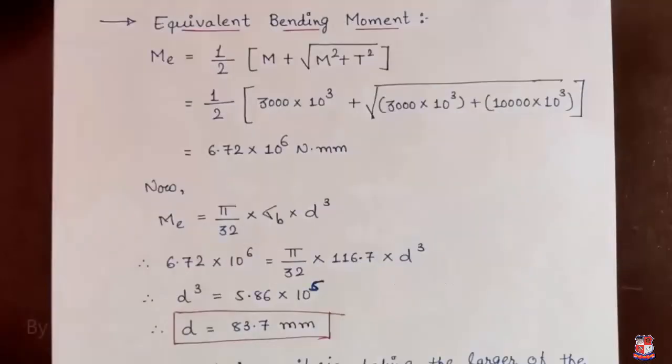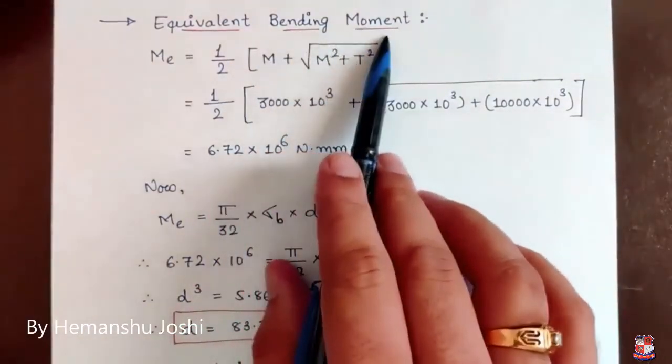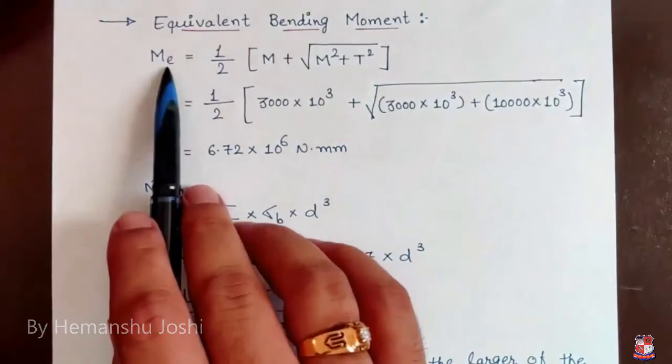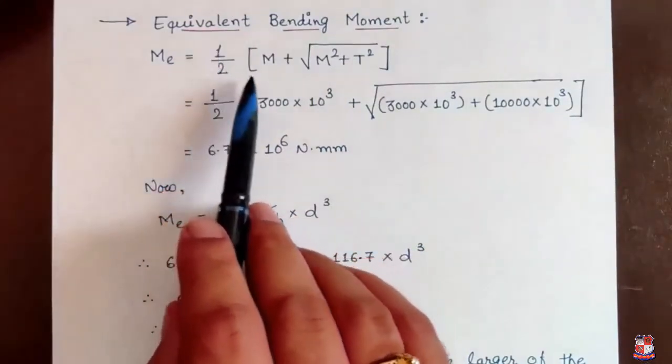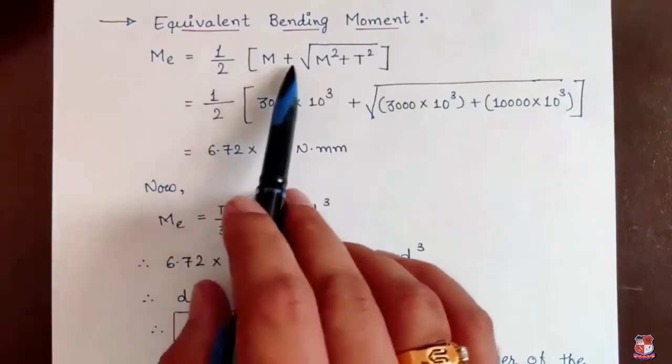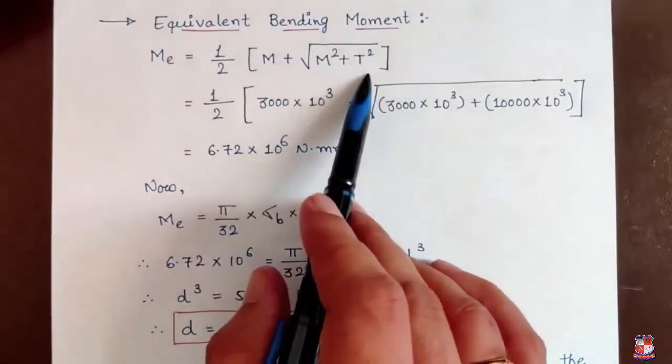Our next step is to find out the diameter of a solid shaft by using equivalent bending moment theory. Now the equation of equivalent bending moment theory is ME is equal to 1/2 of (M plus root of M square plus T square).